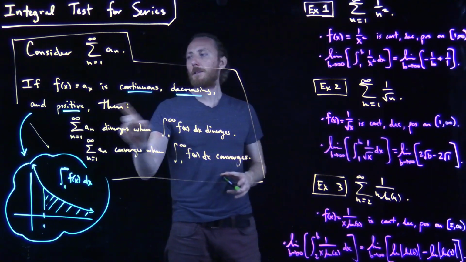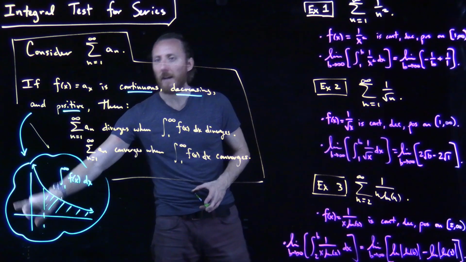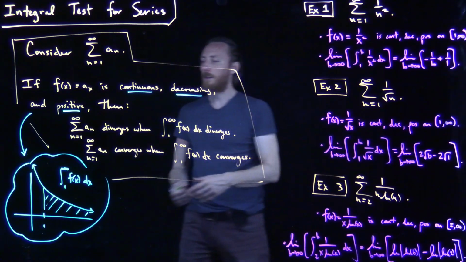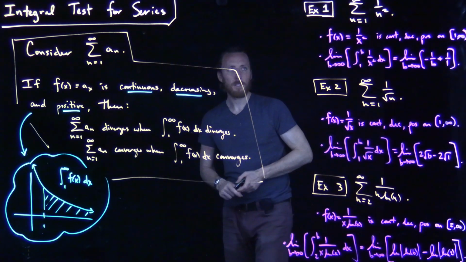Remember, when you've got continuous, decreasing, and positive, you've essentially got this picture working for you. You've got a function that's downhill, no holes, jumps, asymptotes, living above the horizontal axis.